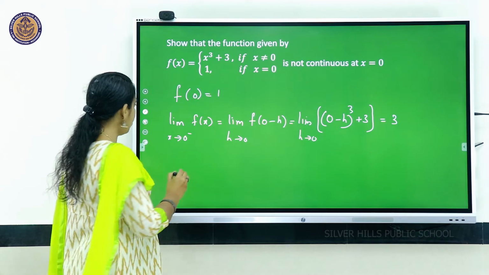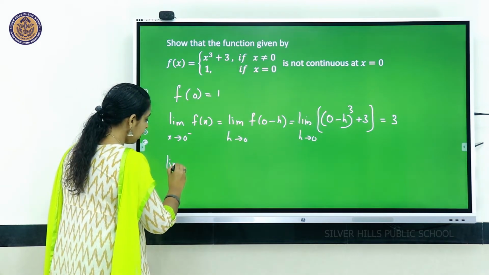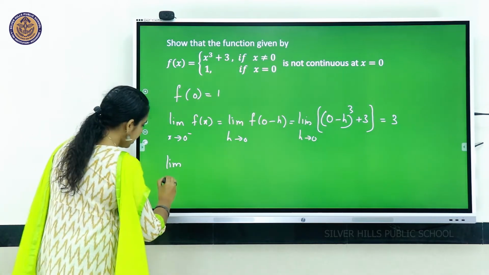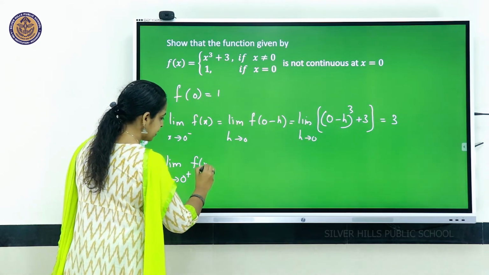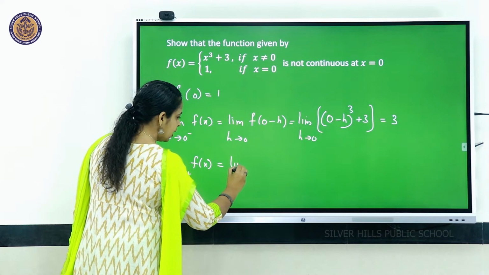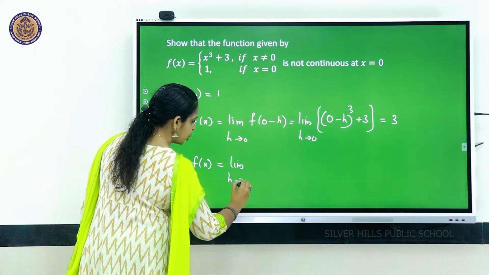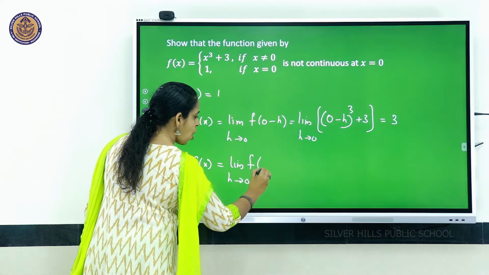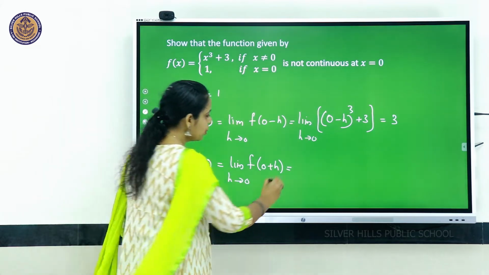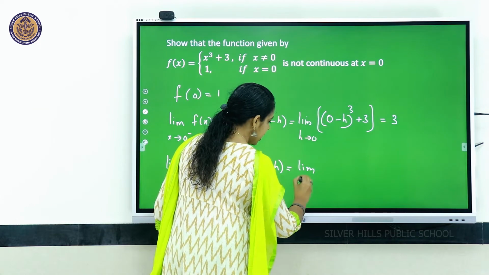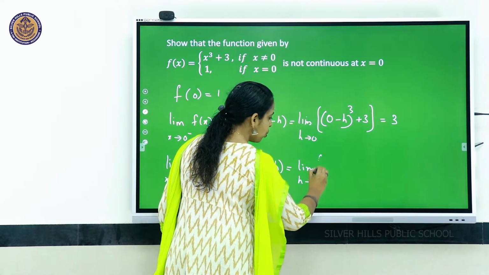Correct? Now, the right hand limit. X tending to 0 plus f of x. We will get limit h tending to 0 f of 0 plus h, equal to limit h tending to 0.